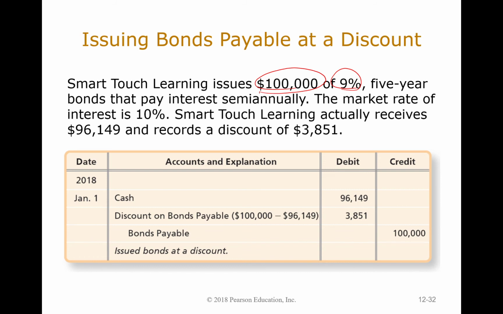This discount is a form of expense, a cost to the company. We're receiving $96,149 in cash, but our bond still has a face value of $100,000 as our liability. So the difference between the two is our discount.